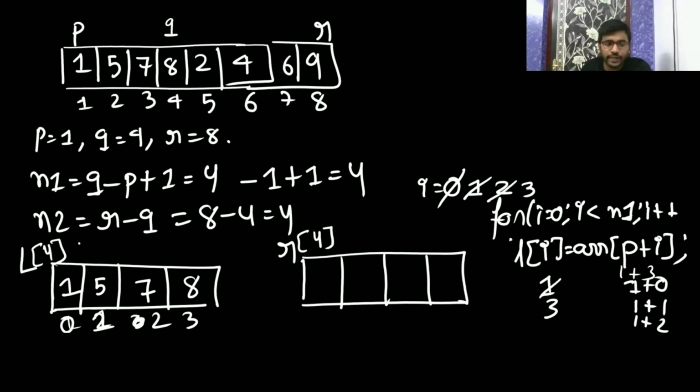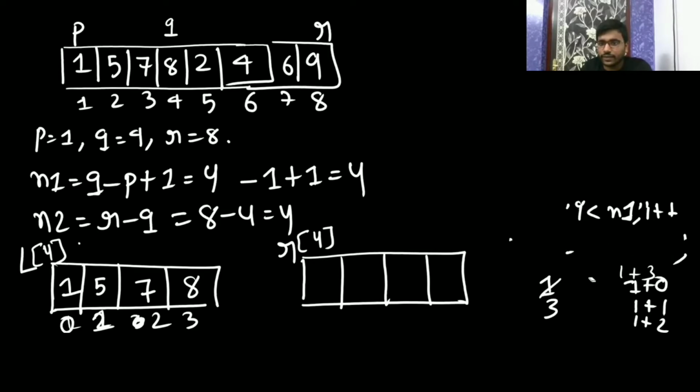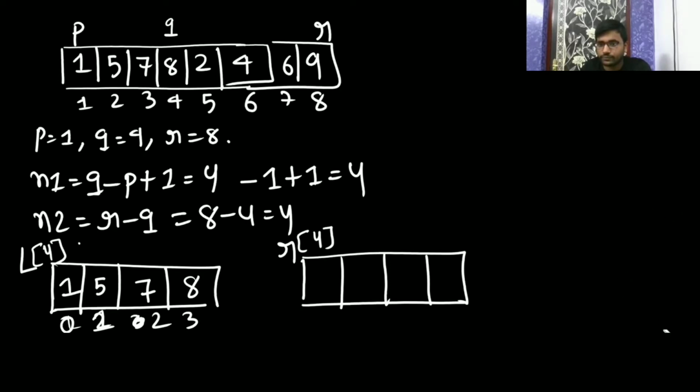Now I will store the right. How? So I will write the code for i equal to 0. So here index will start from 0, then 1, 2, 3.